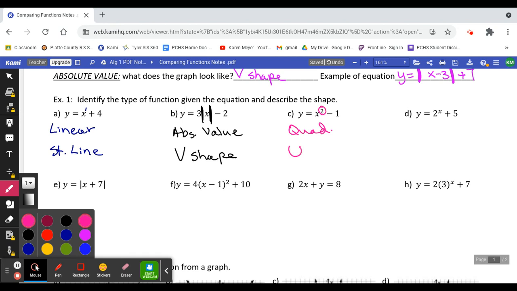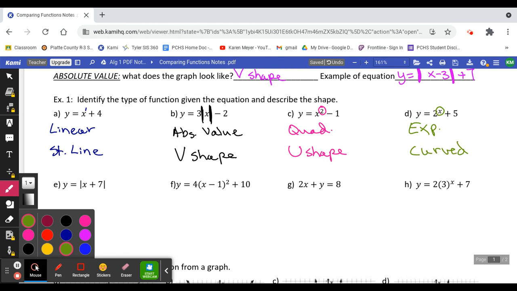And quadratics are U-shaped. On D, I notice, oh, the power is the letter X. If the power is the letter X, then that means it's exponential, which I'm going to abbreviate. And exponential is a curved graph.